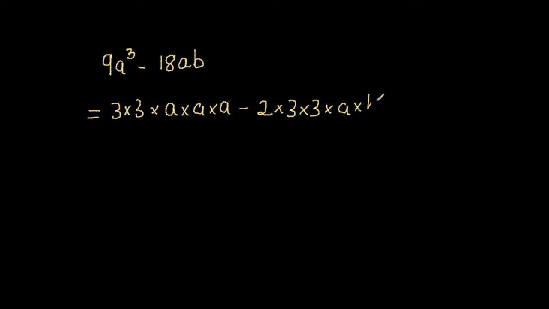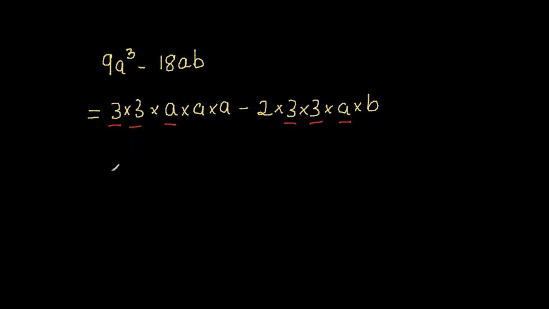Now let's switch colors to red and highlight what's in common. There's a 3 here and a 3 here, another 3 here and another 3 here, so there are two 3s in common between them. And I see one a that is in common between them. And that's it.